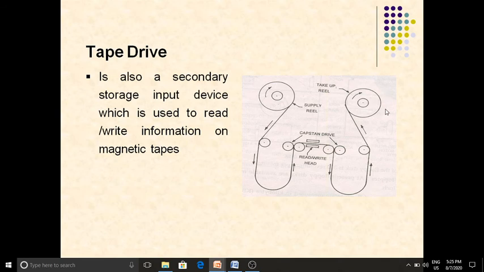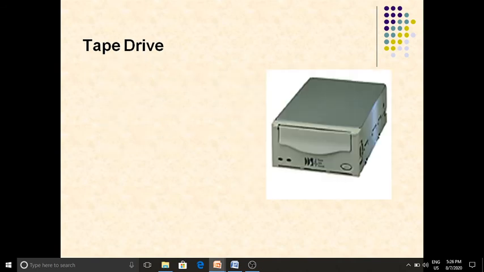You can see the picture here. The tape drive has a take-up reel and a supply reel. You can see the capstan drive and the read write head. This picture shows the parts of the tape drive. It is a secondary storage device used to read and write information on magnetic tapes.